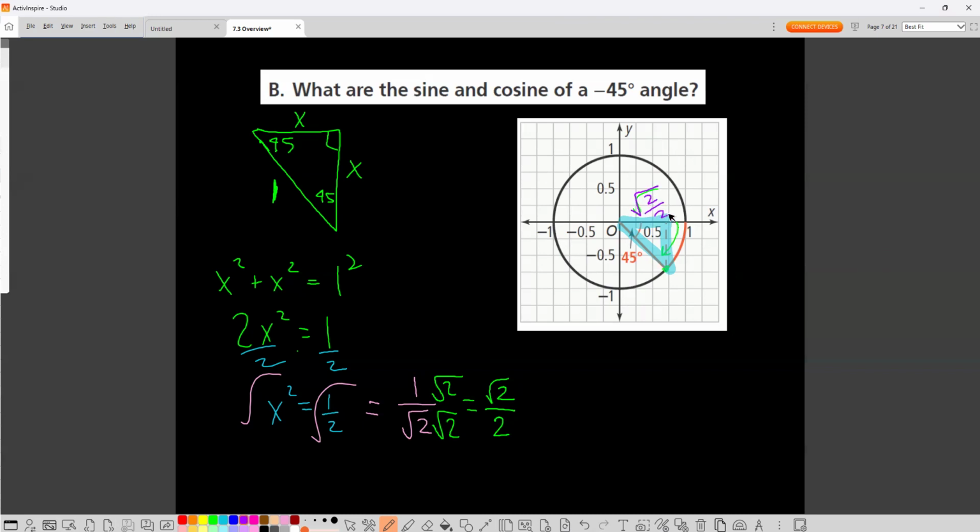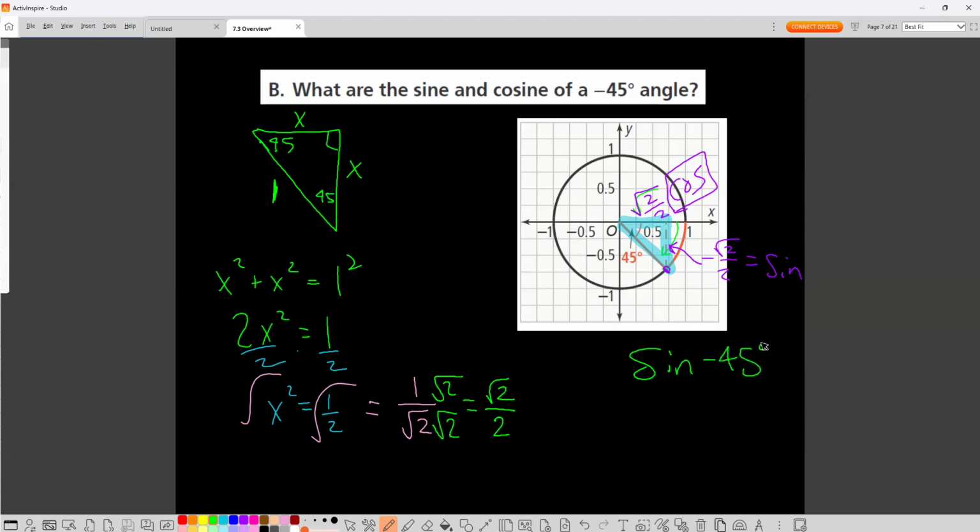The denominator is not under a square root there. And then remember on this side, over here on my y, I've got a negative because this is the y. So this is the cosine. Remember, we just did the last problem, x was always going to be our cosine. This y, negative square root of 2 over 2, is going to be my sine. So what are the final answers here? Sine of the negative 45 degrees. By the way, what is that in radians?